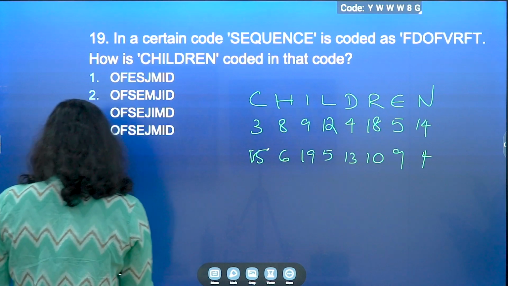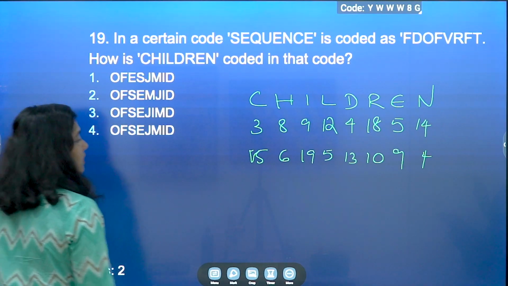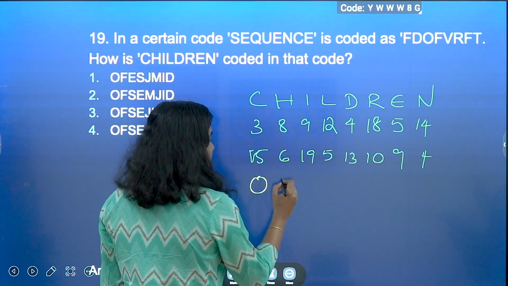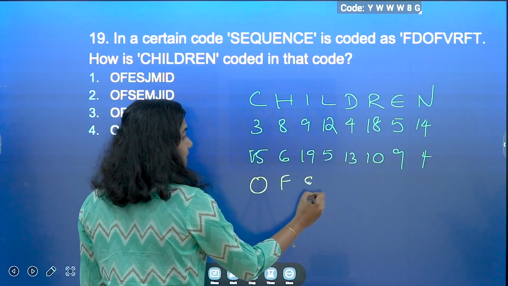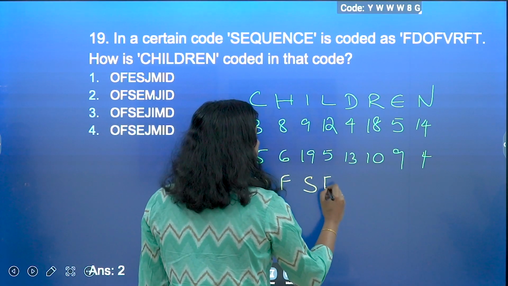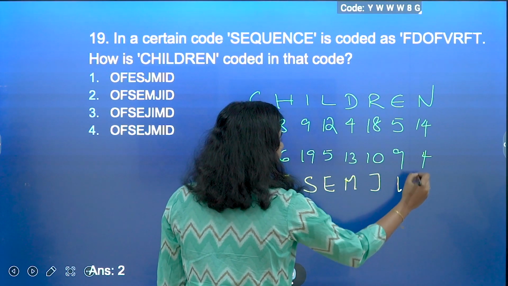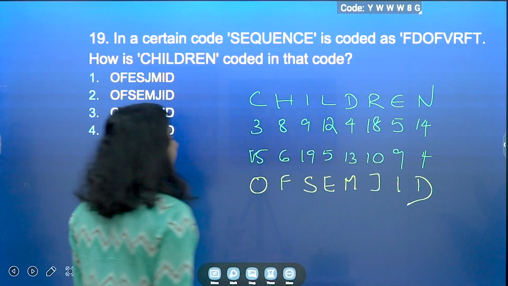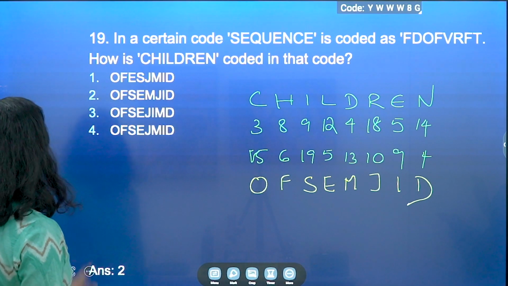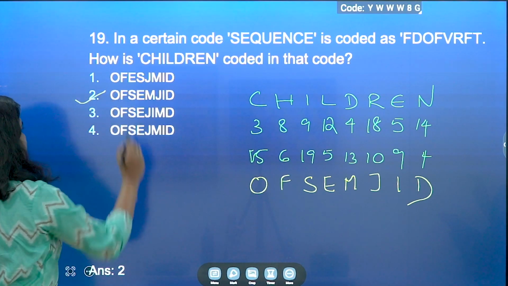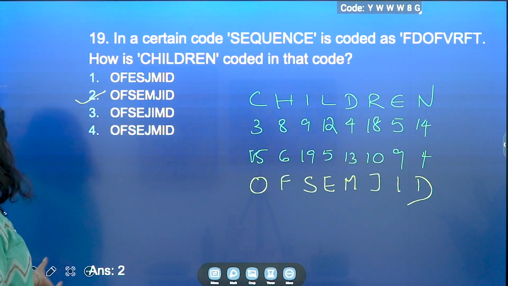So 15 is O, 6 is F, 19 is S, 5 is E, 13 is M, 10 is J, 9 is I and 4 is D. OFSEMJID. Option 2, right? So this is our right option.